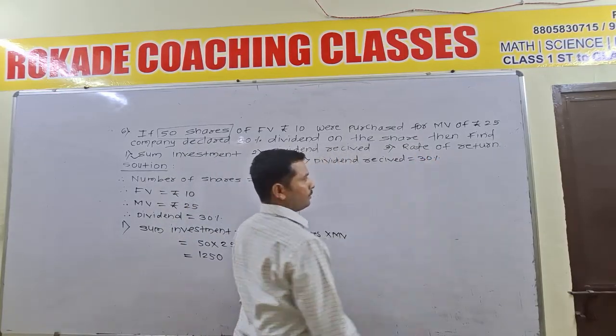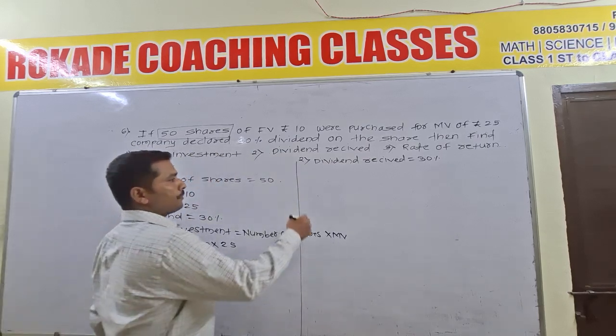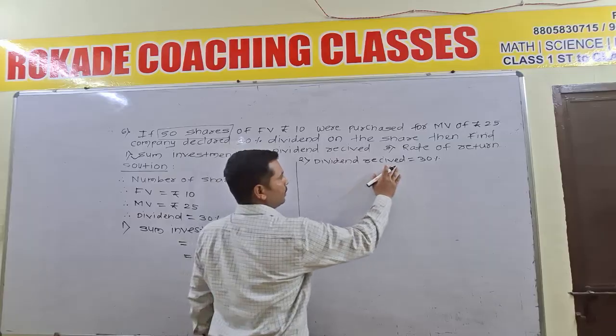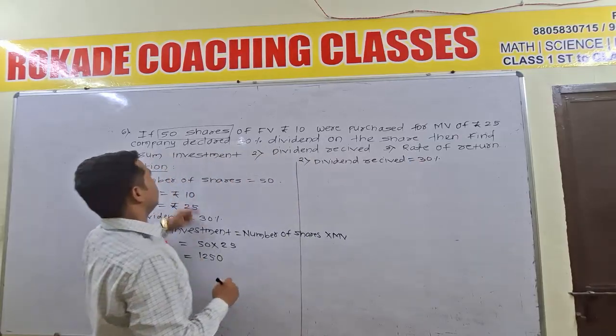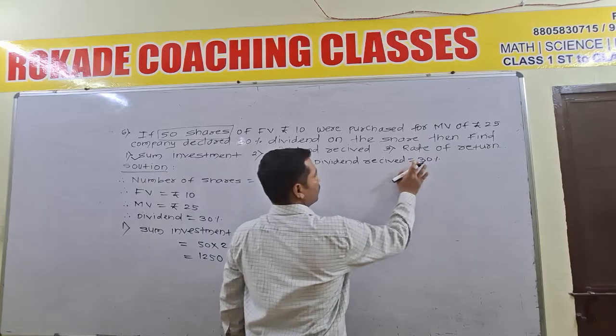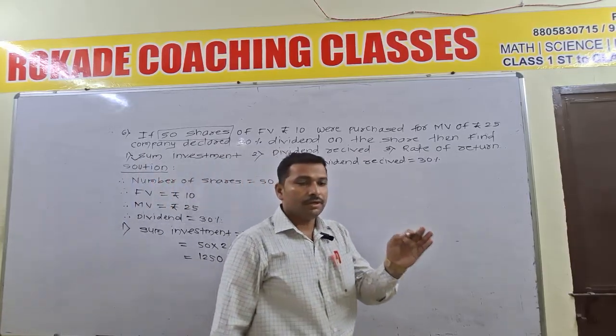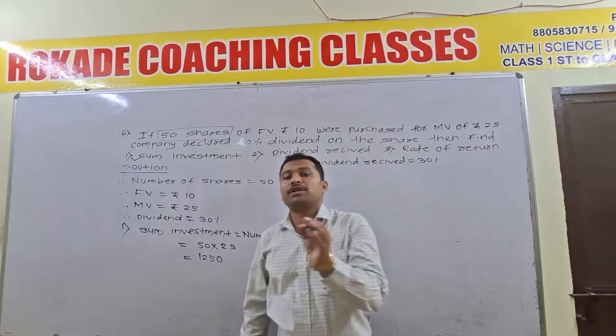So the company has given a dividend of 30%. We find out the dividend amount per share.